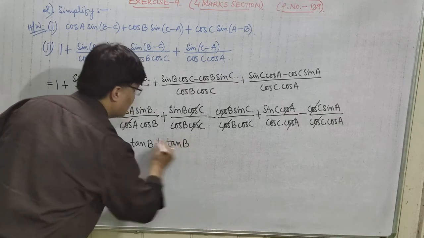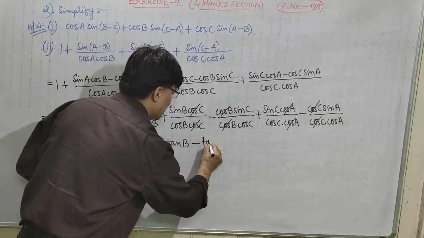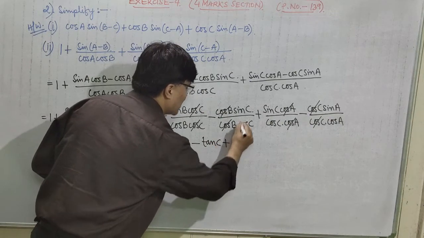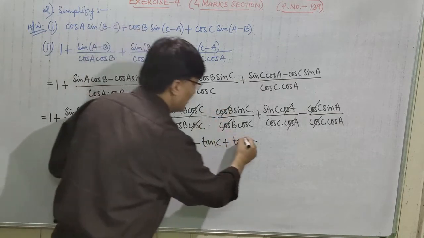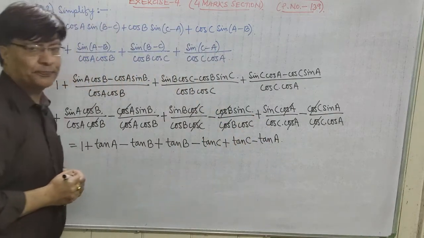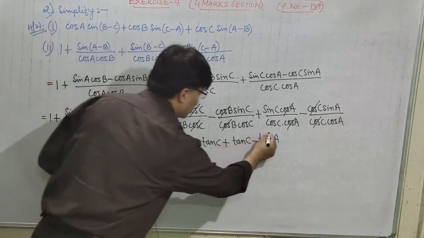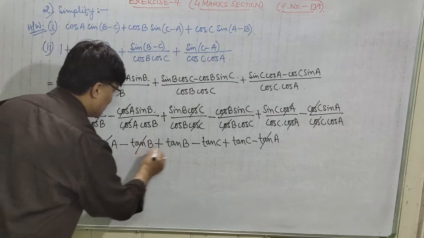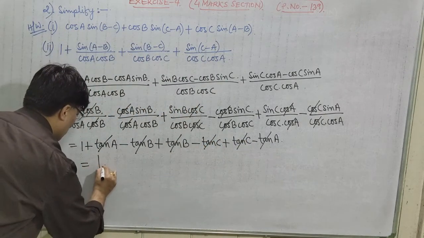This is also tan b, minus what is sine c by cos c? Tan c, plus sine c by cos c? Tan c, minus what is sine a by cos a? That is your tan a. Okay, so here you can cancel this, tan a minus tan a can be cancelled, minus tan b plus tan b, minus tan c plus tan c, which is equal to 1.